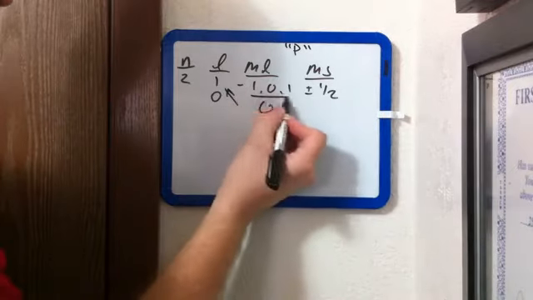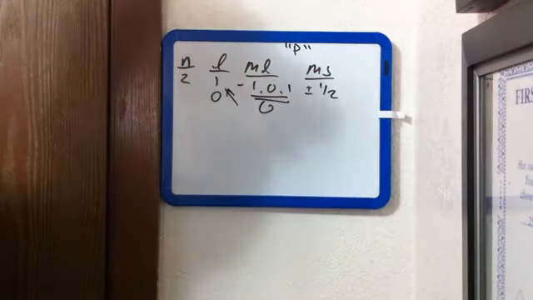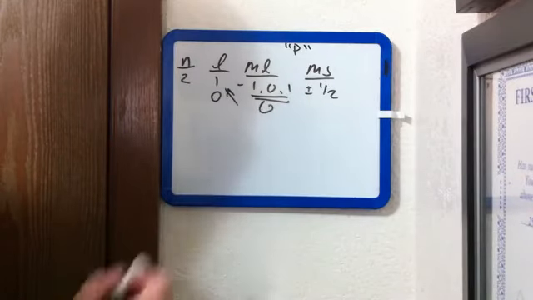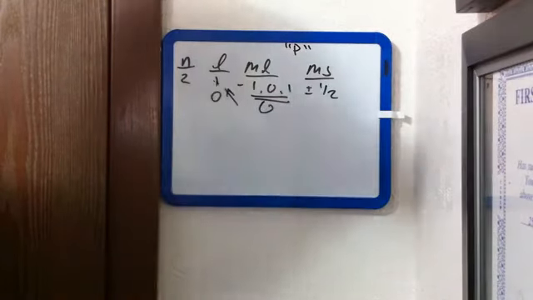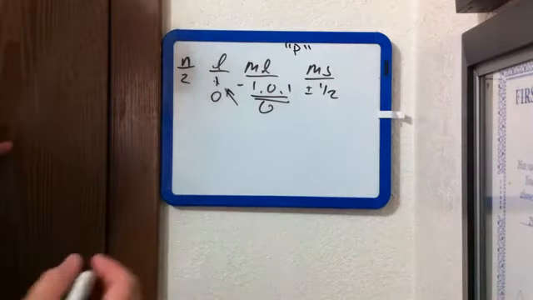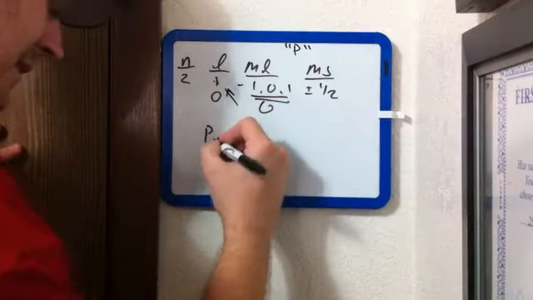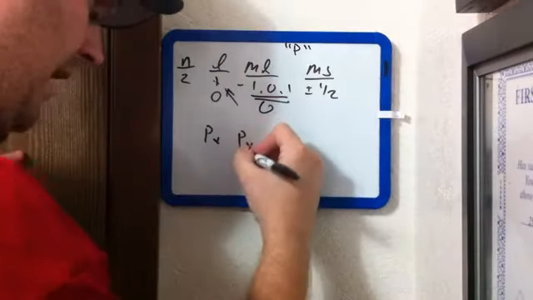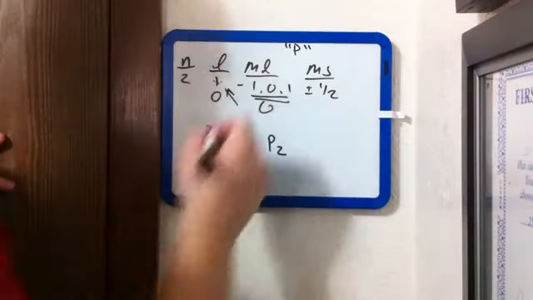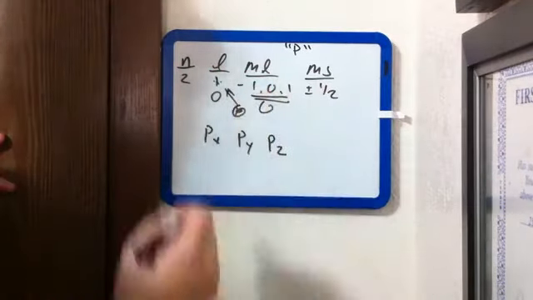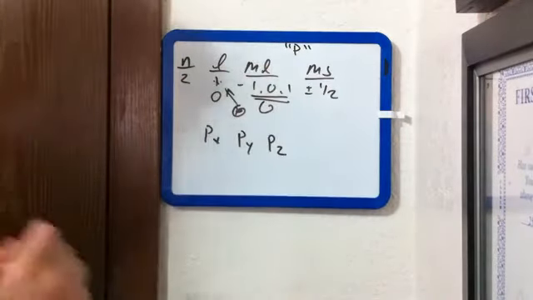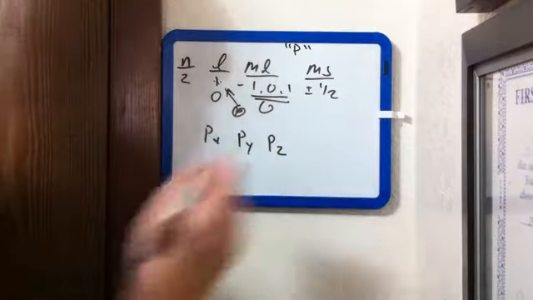Your m sub L, your magnetic number, has negative 1, 0, and 1. What that tells me is that I have three different orientations of a p orbital: px, py, and pz. That's what the m sub L is really telling me, that there are three magnetic orientations of that p orbital, x, y, and z.